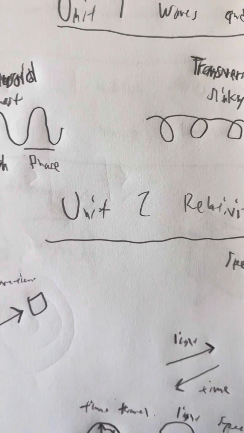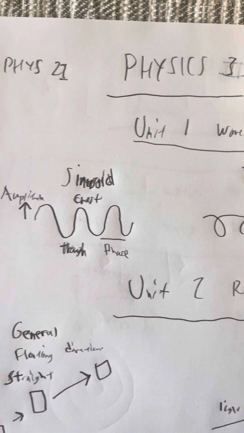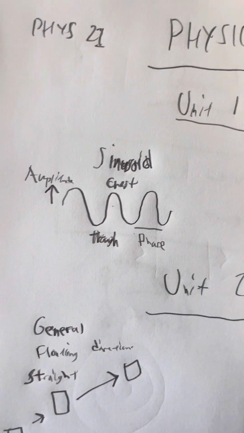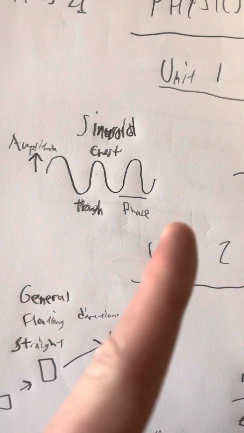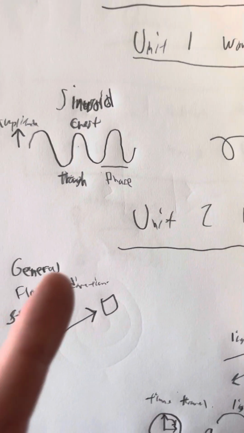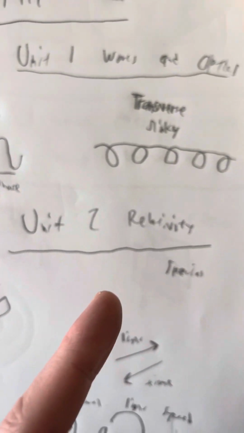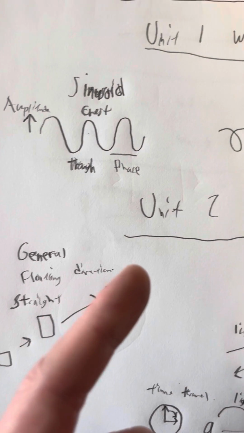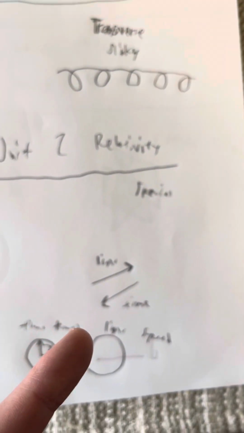Unit 12, waves and optics. Sinusoid wave with sine cosines, amplitude, crest, trough, and phase. Slinky transverse wave. Unit 13, relativity. General relativity, things keep on floating in space in a direction.